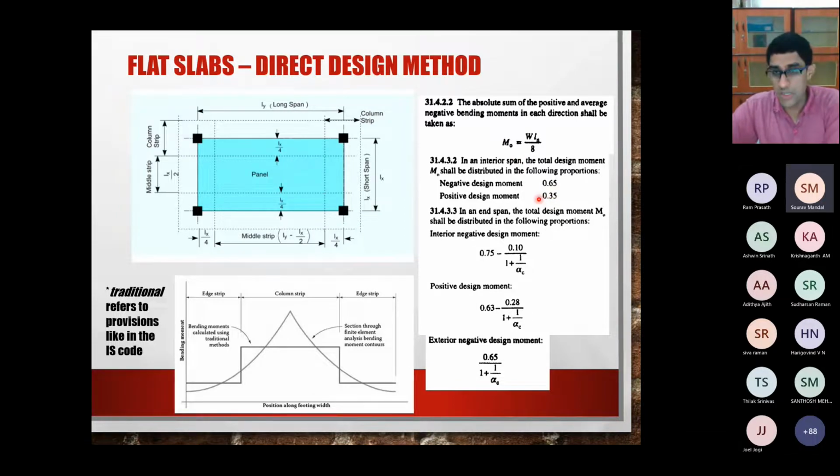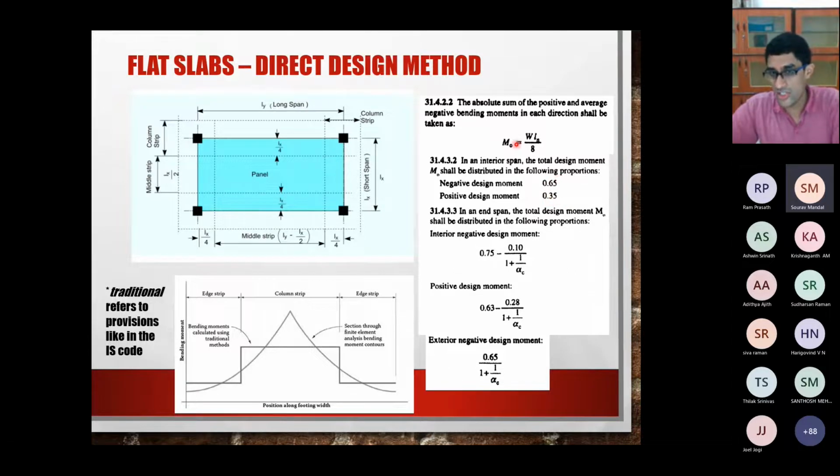But it is still not telling you how much of the 65 is in the middle strip and how much is in the column strip. Similarly also for the positive.